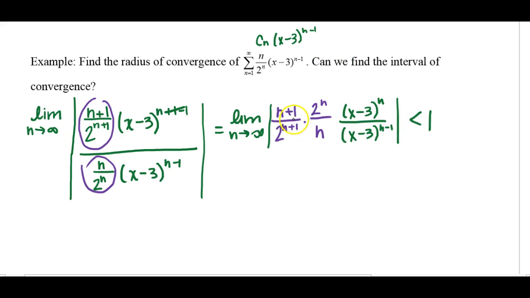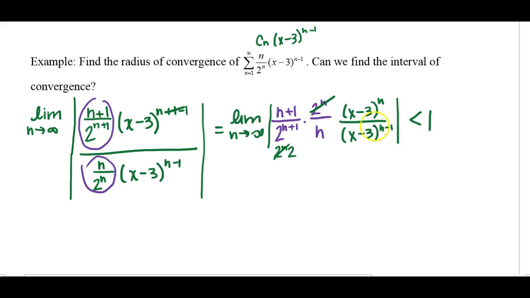I have to do a lot more simplifying, though, to get it down to some inequality I can solve. So this 2 to the n plus 1 is 2 to the n times 2, so this 2 to the n and this 2 to the n will cancel. Then here I have x minus 3 to the n, and this is x minus 3 to the n minus 1.